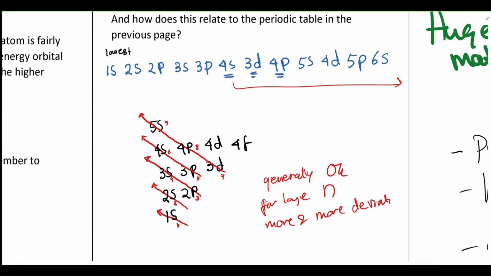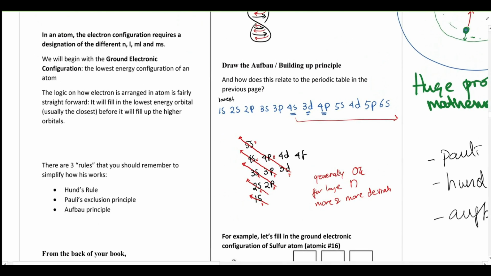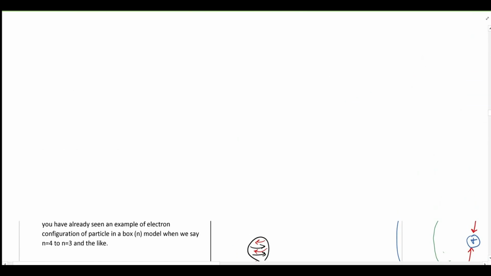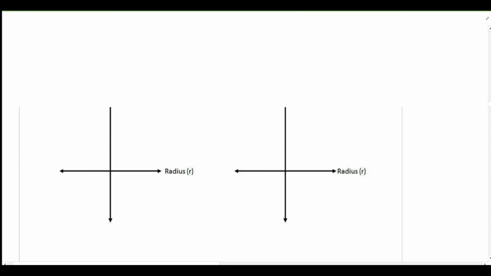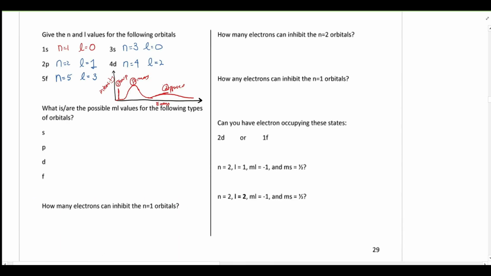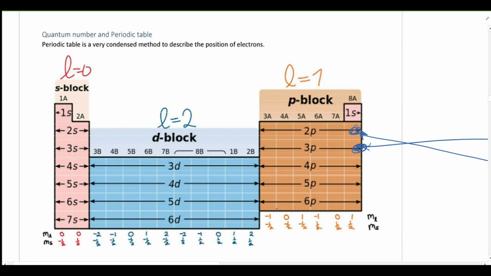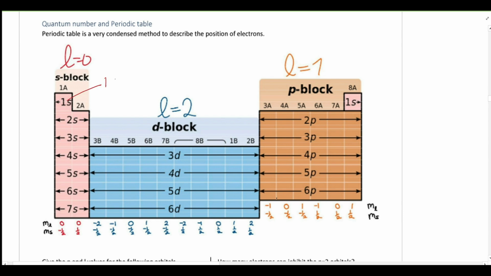And I want to bring this back out to the periodic table on page 29. If you can flip back to the previous one that we have, you'll remember the order. The periodic table is actually arranged in that fashion as well, of the relative energy scale. Right. So essentially, if you go from here, you can see that this is 1s, and if you go all the way to the right, actually, this is still 1s.